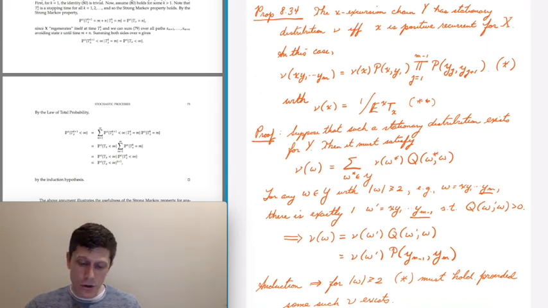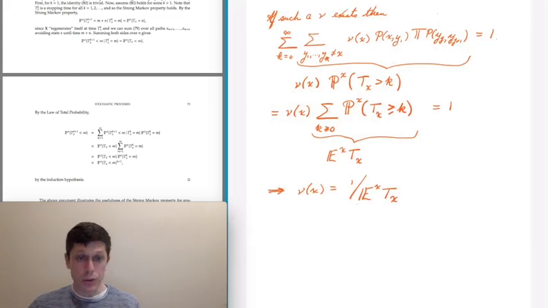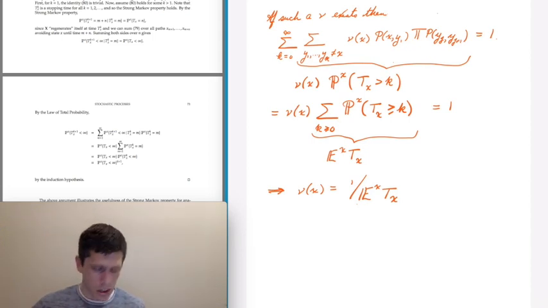And so what we're actually doing is expressing the stationary distribution for the excursion chain in terms of the transition probabilities of the chain and some probability of being in state X. And what we can actually do is use this to deduce what the stationary distribution of the X chain has to be.